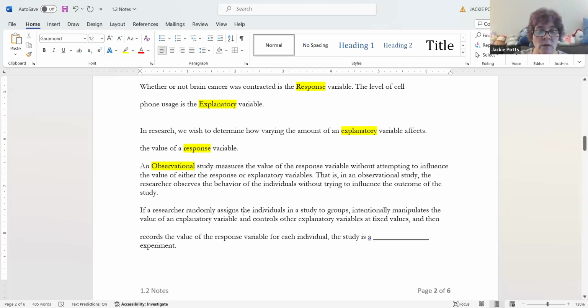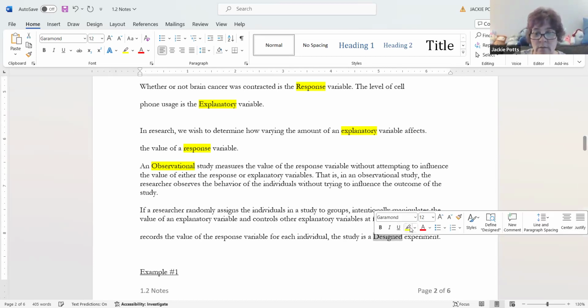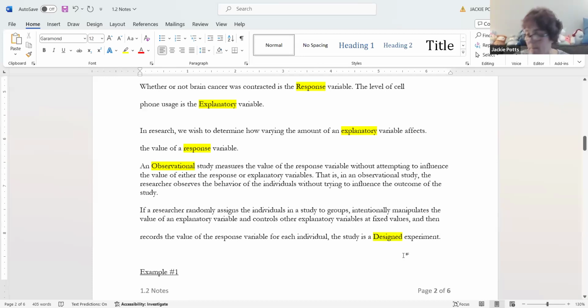If a researcher randomly assigns individuals to a group, intentionally manipulates the value of the explanatory variable, and controls other explanatory variables, guess what? That is the designed experiment.